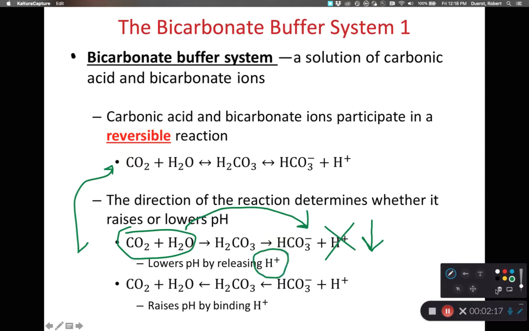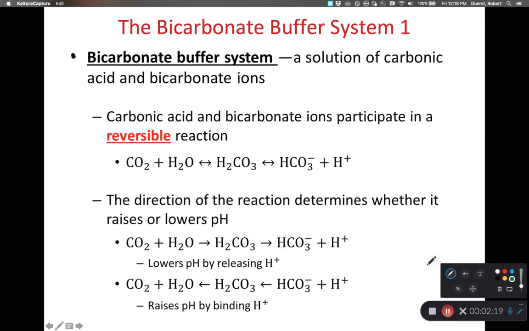On the flip side, let's say we're introducing extra acid to the chemical equation. That's going to lower our overall pH and increase the concentration of hydrogen ions. As we release more hydrogen ions into solution, the concentration goes up, and because the concentration on this side of the reaction becomes higher, the reaction is driven this direction.